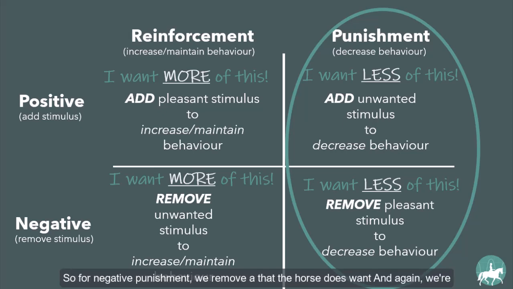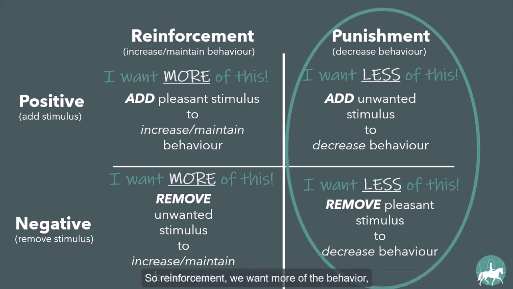So for negative punishment, we remove a stimulus that the horse does want. And again, we're looking to make the horse do less of this behavior that we're targeting in the future. So reinforcement, we want more of the behavior, and punishment, we want to see less of the behavior.